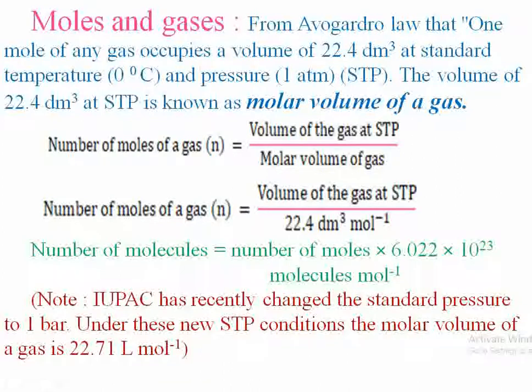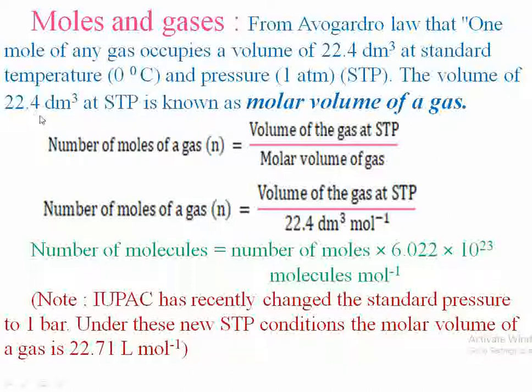The last point is moles and gases. From Avogadro's law, 1 mole of any gas occupies a volume of 22.4 dm³ at standard temperature 0 degrees Celsius and pressure 1 atmosphere, that is, at STP.